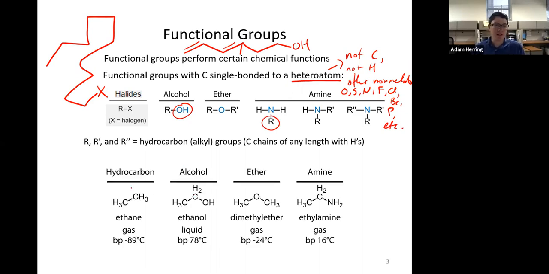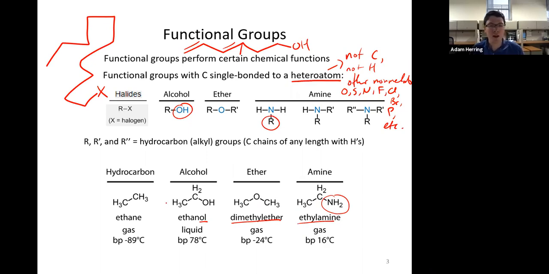Okay? So here are some other examples. If we look at ethane and we replace one of the hydrogens with an alcohol group, that becomes known as ethanol. If we take and sandwich in between those 2 carbons the oxygen, then we get an ether, dimethyl ether. And if we replace one of the hydrogens with the nitrogen group, we call that an amine. That's ethylamine.